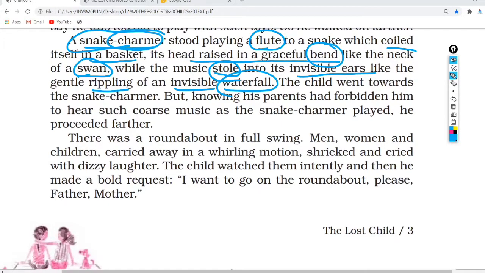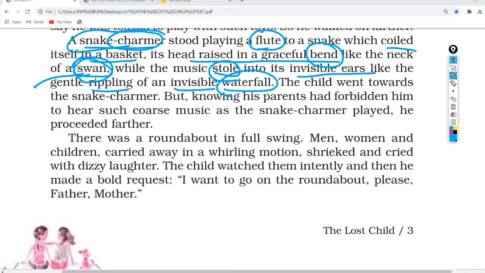And what was the scene there? From one particular basket, a particular snake raised its head in a very graceful, very beautiful manner, and it was just like the head of the swan. When the music of the flute was played, bansuri, flute means bansuri, then its heart was stolen.